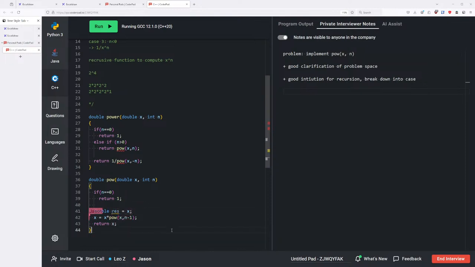Okay, I guess we don't even need this part. Does that make sense?